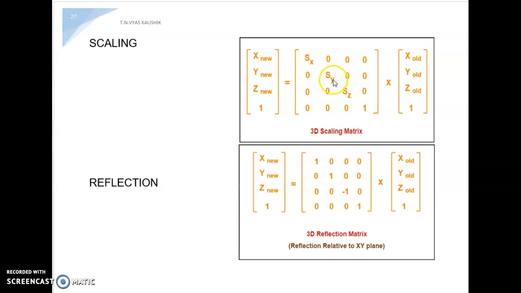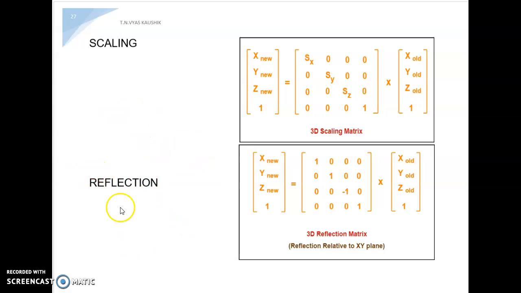But if sx is not equal to sy, not equal to sz, then it is known as non-uniform scaling. In that case the shape of the object might change, and sometimes it might get distorted also. So that is scaling.